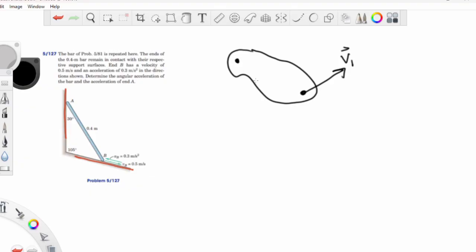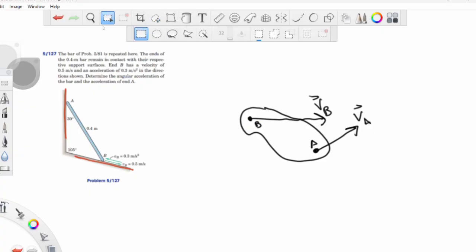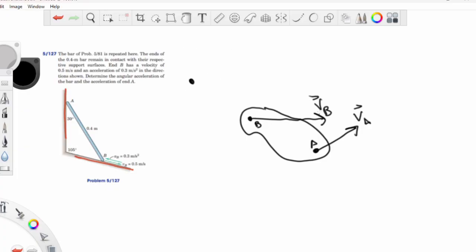rotating around that point. So let's assume that we have some body here that has a point with velocity VA and another point here with velocity VB, and then we can think of formulating a point somewhere in space that could describe both velocities by thinking as if the body was rotating around that point.